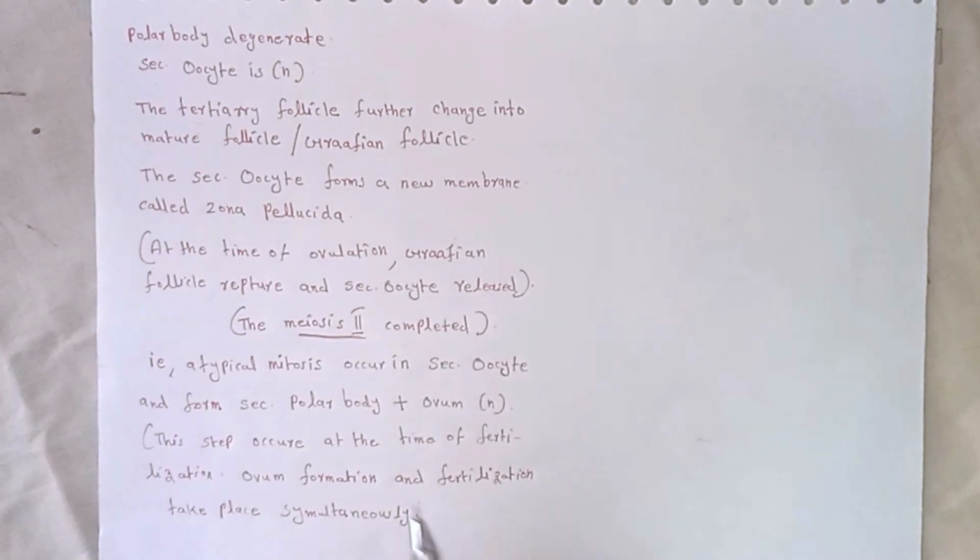Then each primary oocyte is surrounded by a layer of granulosa cells, and it is then called a primary follicle. A number of follicles degenerate before puberty.